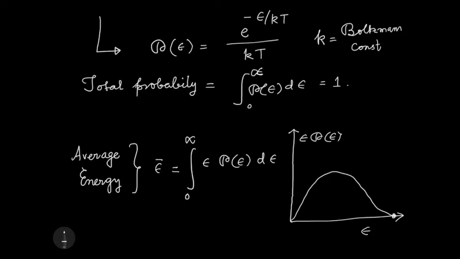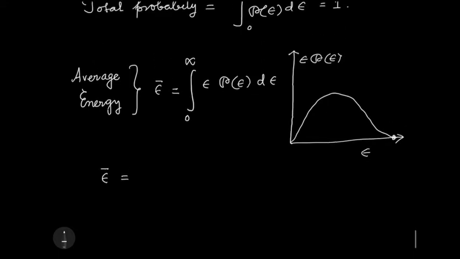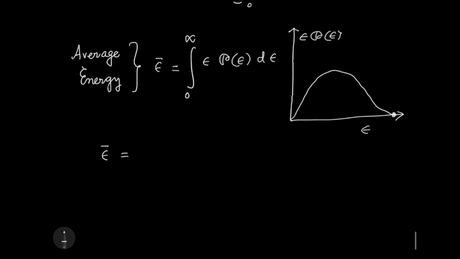So this also looks somehow like the Planck curve, qualitatively the same, but it's a different curve. And now I can just do this integration and calculate the average energy. That's what Rayleigh and Jeans did. So for the average energy, I have to put in p epsilon, which is e to the minus epsilon by kT. kT is just a constant, so kT is in the denominator like this.